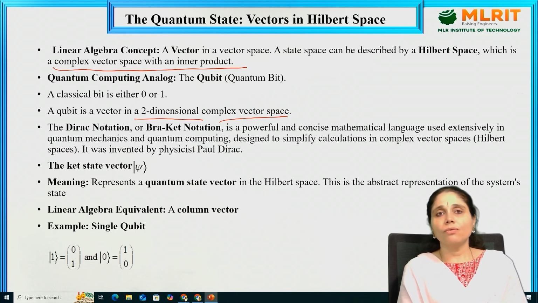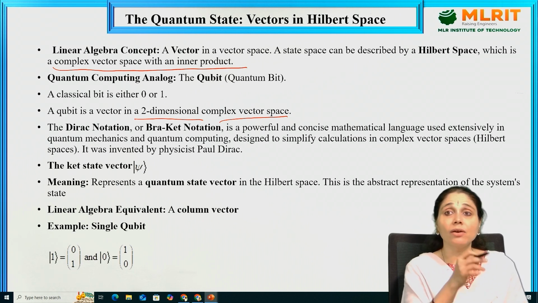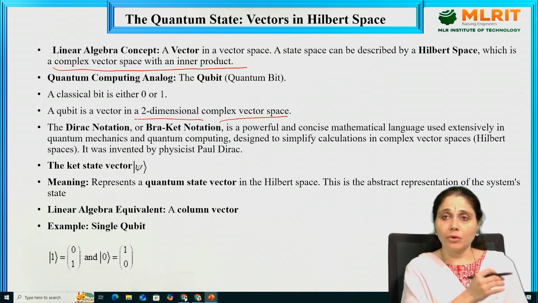First, let us learn about Dirac notation. Dirac notation, or bracket notation, is a powerful, concise mathematical language used extensively in quantum mechanics and quantum computing, designed to simplify calculations in complex vector spaces, Hilbert spaces. It was invented by the physicist Paul Dirac. The Dirac equation is in quantum mechanics and this notation is used in quantum computation.